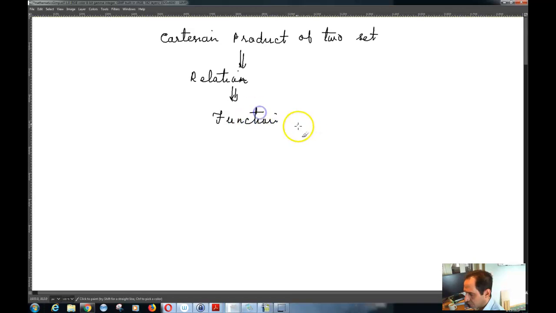And if you have understood the concept over here, we said that the Cartesian product of two sets was, for example, suppose that you had two sets, for example, 1, 2, 3, and let's say another set, for example, 4 and 5.